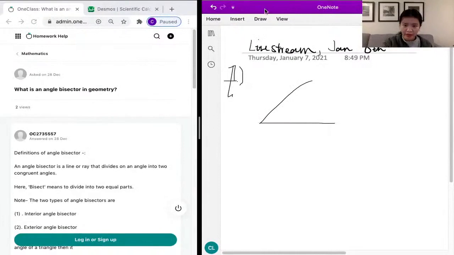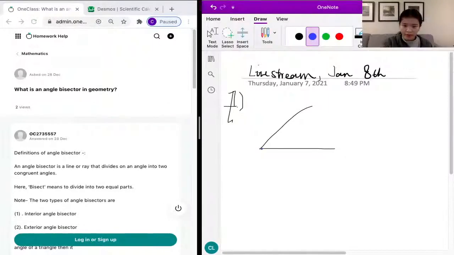So let's draw it in another color. The black line here, we have an angle, and the blue line here is a line segment that separates these two angles by half.